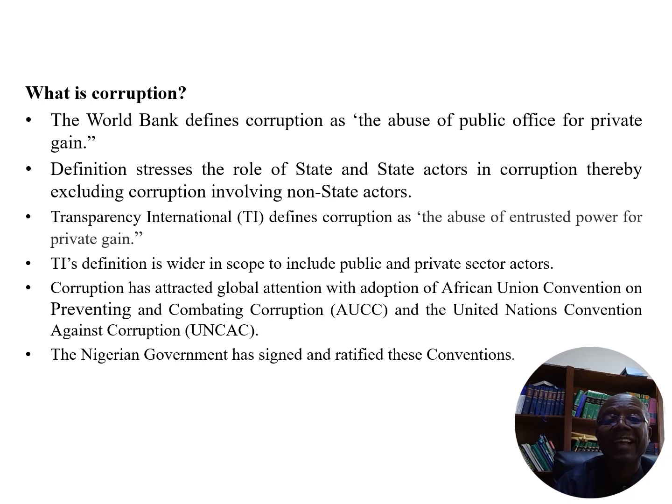The Nigerian government has signed and ratified these conventions, which means that Nigeria is now obliged to enact domestic legislation to implement the provisions of these conventions. And in the course of these lectures, we will see the provisions of some of the legislation which Nigeria has enacted to implement the provisions of these conventions, or which can be taken to be an implementation of the provisions of these conventions.